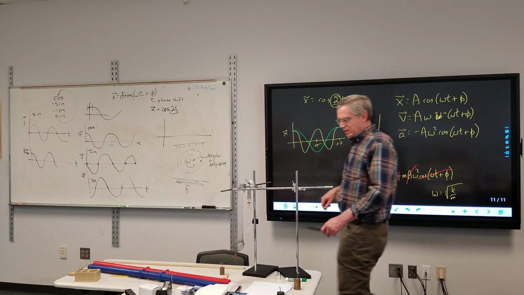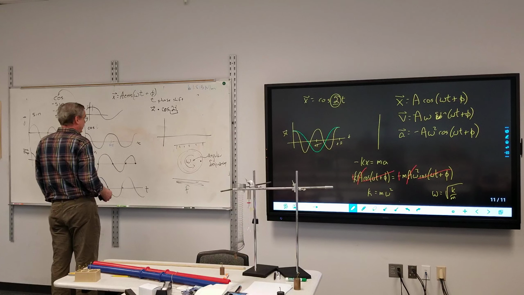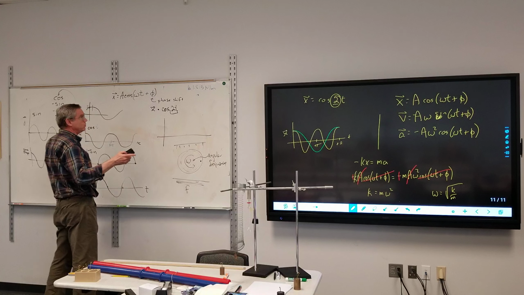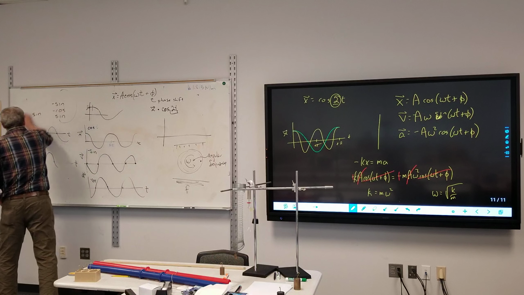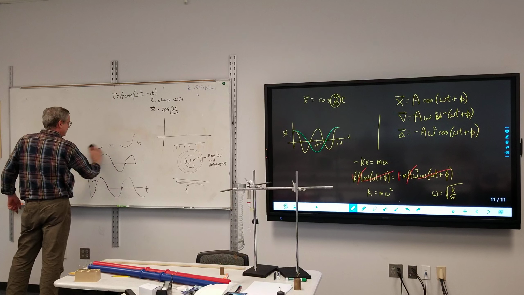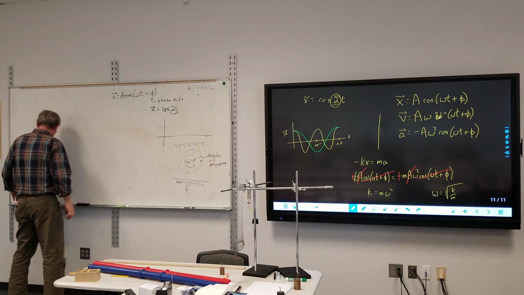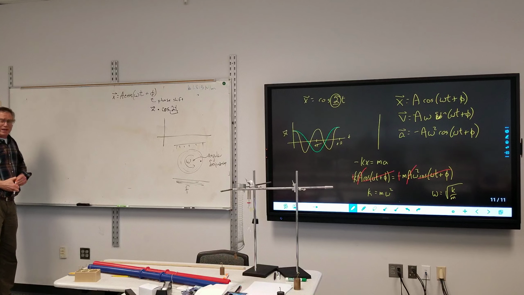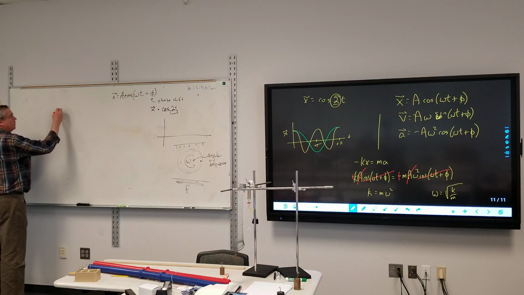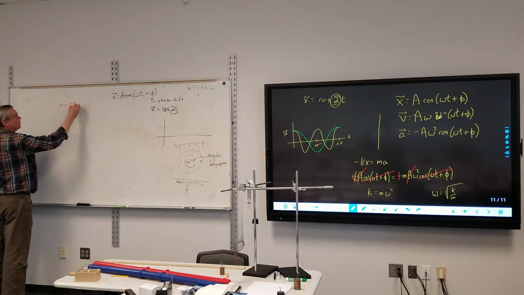So from my value for k and my mass, which was 0.02 kilograms, I can figure out what my angular frequency is. I have k of 1.815 newtons per meter, and I know my mass was 0.02 kilograms.